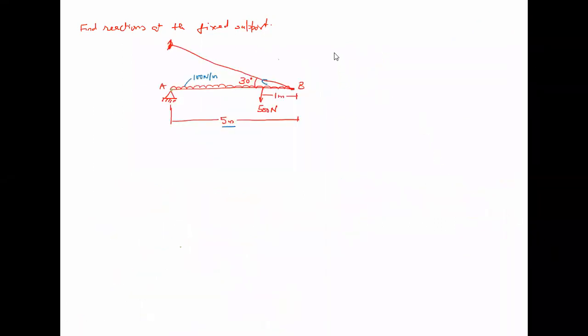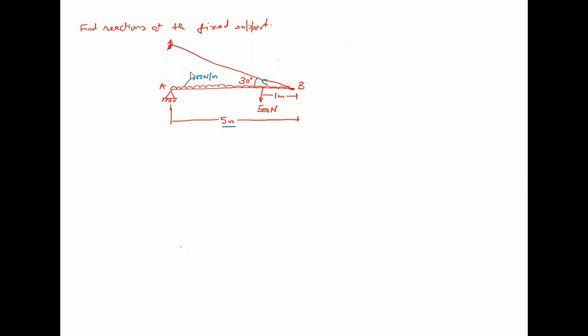Let's take another problem. In this problem, you can see there is a cantilever beam AB, and point A is hinged, and a UDL is acting over the complete span of this link AB.